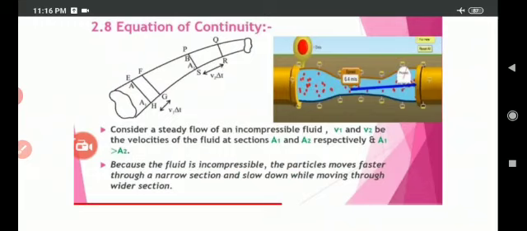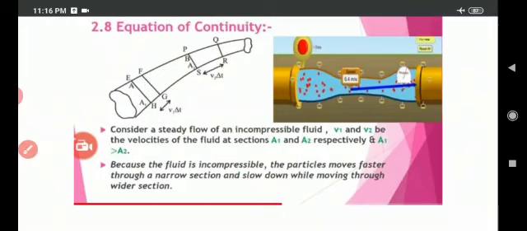Then V1, V2 be the velocity of the fluid at section A1 and A2. This is the section A1 and this is the section A2. Consider the streamline flow. Then consider two sections, section A1 and A2.